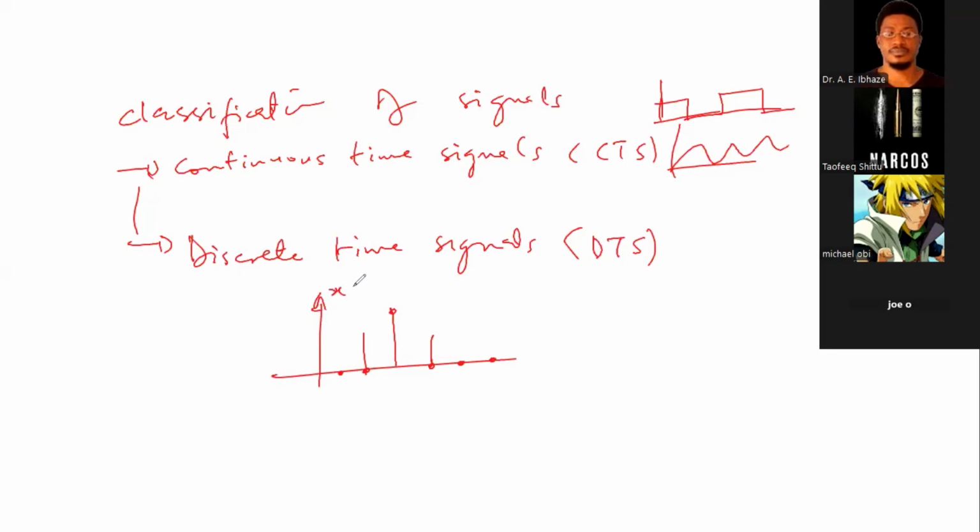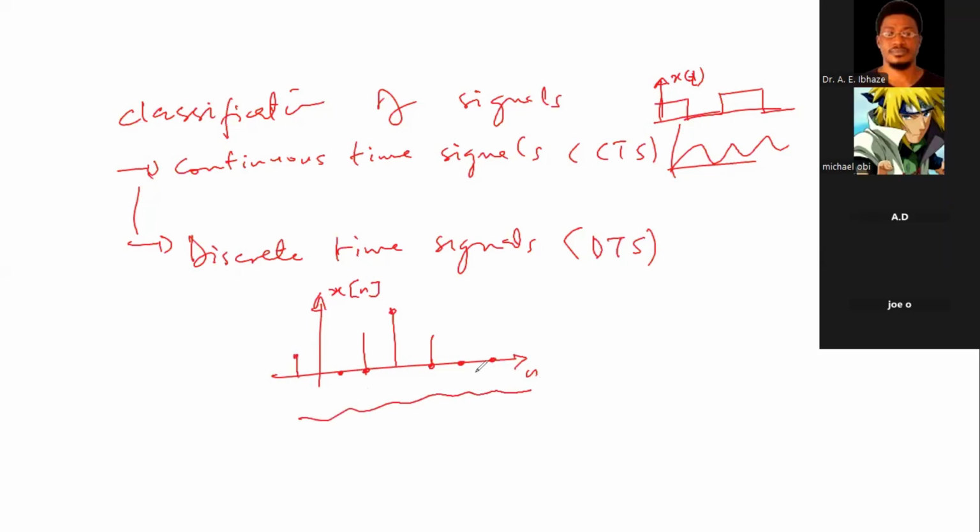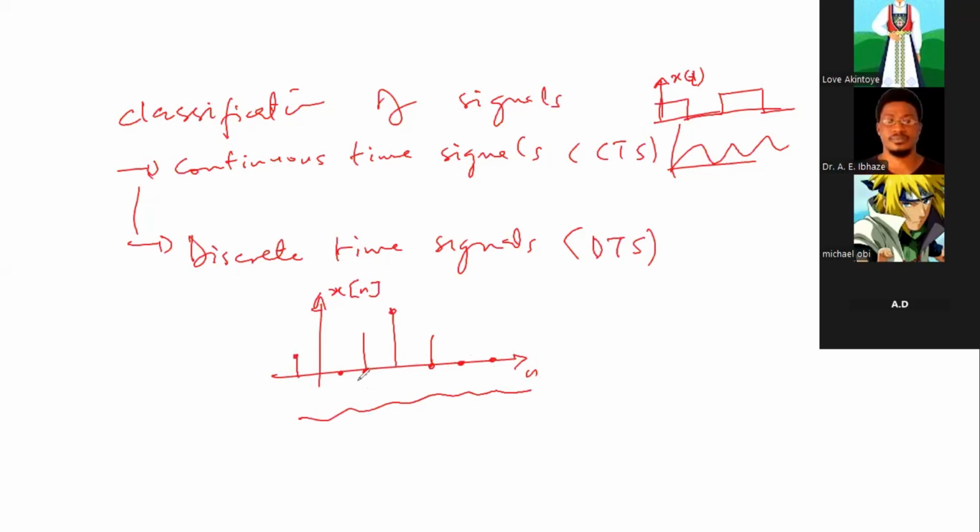Oftentimes we represent these signals with square brackets, while we represent the continuous signals with regular brackets: S of t, then S of n, because these are discrete values, the n values. You must have heard of sampling. This looks more like signal sampling, more like a sample space. We'll come to that when we begin to play with the application.